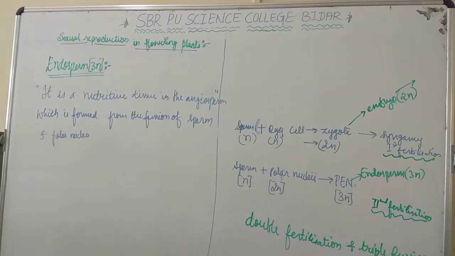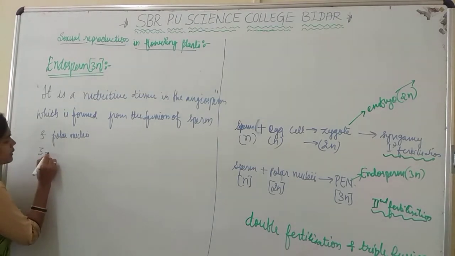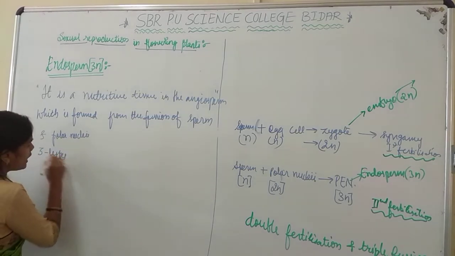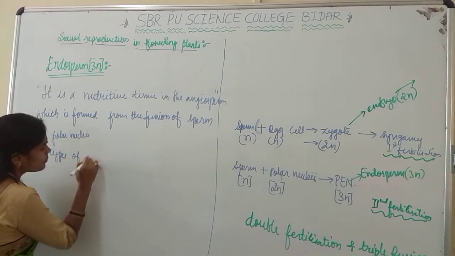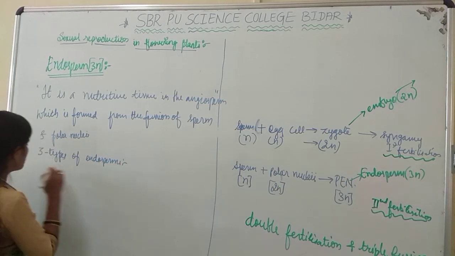During fertilization it has developed, isn't it? If you talk about the endosperm, there are 3 types of endosperms. Okay, beta?